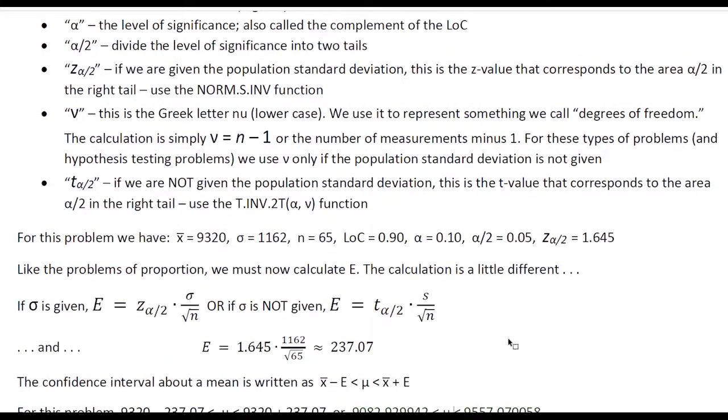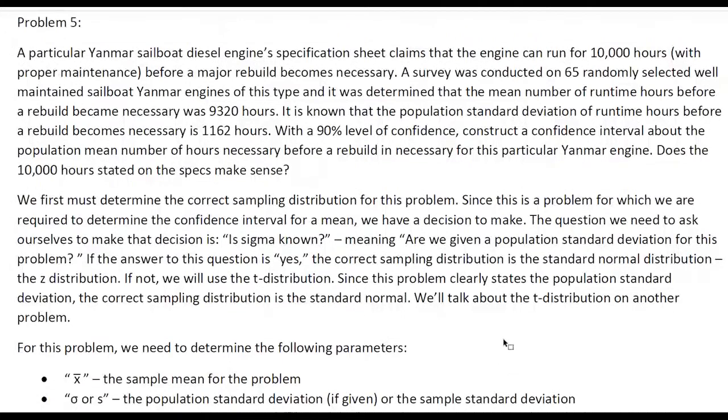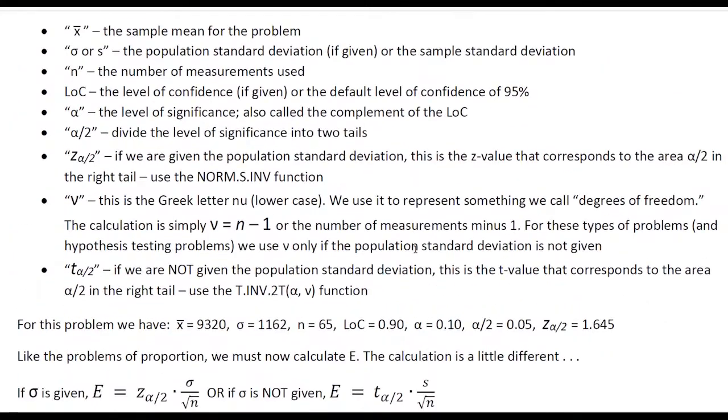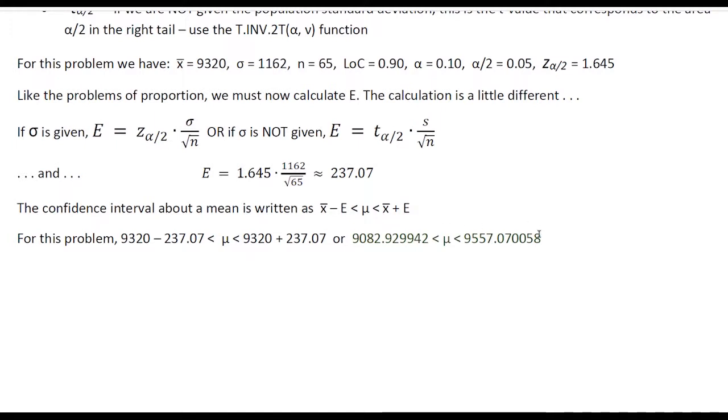So if I go back up, I'll explain a little bit more what I mean. On the spec sheet, it said that it could run for 10,000 hours with proper maintenance before a major rebuild. But 10,000 hours does not fall in this range. That being said, it's close.